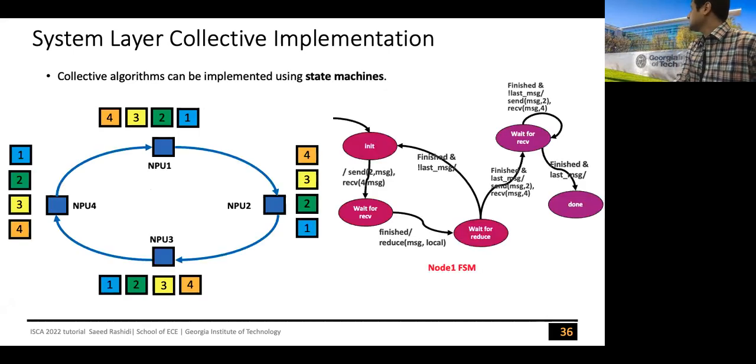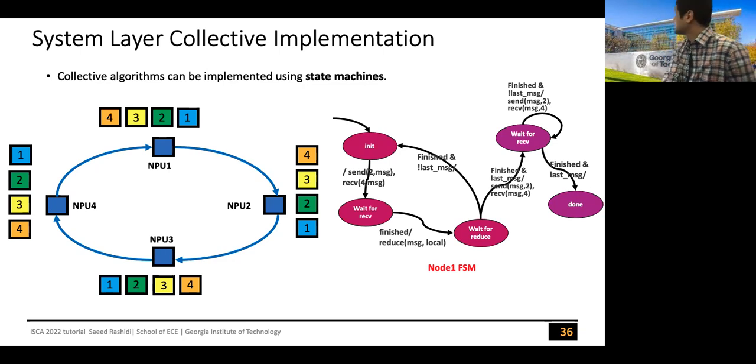What that means is that, just like the workload training loop, you can add new types of collective communication algorithms using state machines, similar to training loops that we implement using state machines.